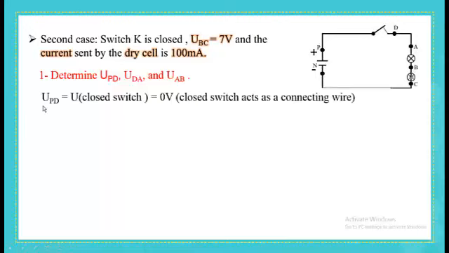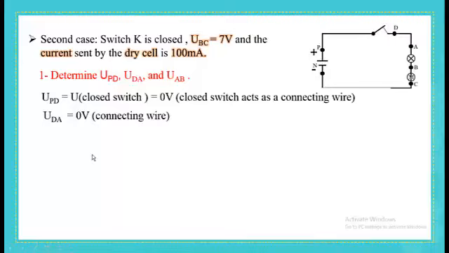The first two, UPD, which is the closed switch and which acts as a connecting wire, the voltage is 0. UDA is equal to 0 because it's the voltage in a connecting wire. Since we are asking about a component which is present in a circuit where the components are connected in series, we have to think about the law of additive voltage.